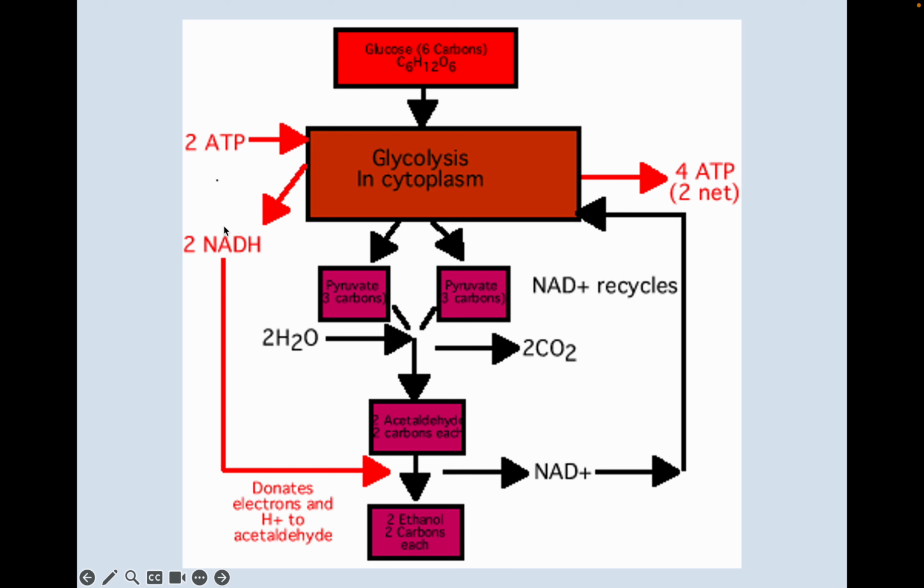And this NADH here donates electrons and H plus to the acetaldehyde. And this helps it form an alcohol like ethanol with 2 carbons each. And that NAD plus is recycled up here. And these are the typical byproducts you'd expect to see from fermentation, right? The production of alcohol and carbon dioxide gas.